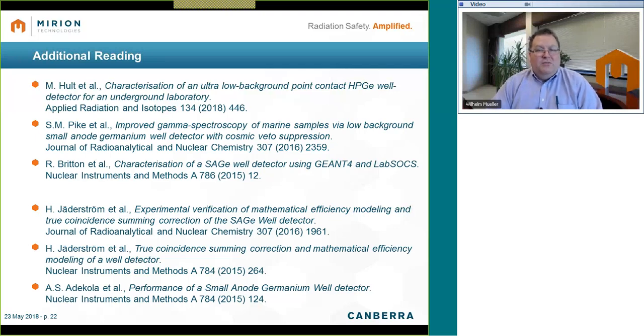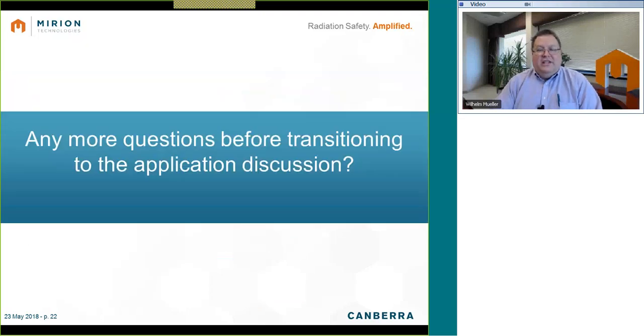It describes some of the features and advantages of these detectors, as well as observations from other customers and users of these systems. And with that, I'd like to have an opportunity for others to ask any additional questions, before I transfer to my colleague.